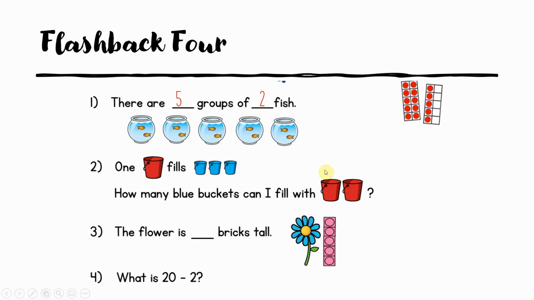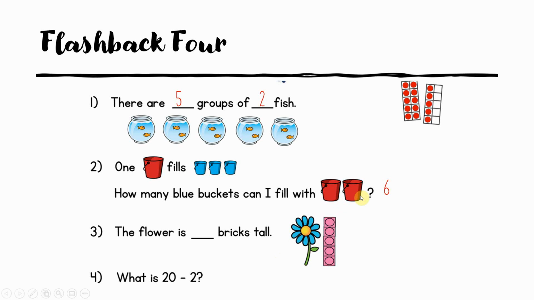So I need to add 3 and 3 to find out how many these two fill all together. So 3, add 3, I could put 3 fingers up and 3 more fingers up and count how many I've got all together, or I can count on. So 3, 4, 5, 6. The 2 red buckets fill 6 blue buckets.